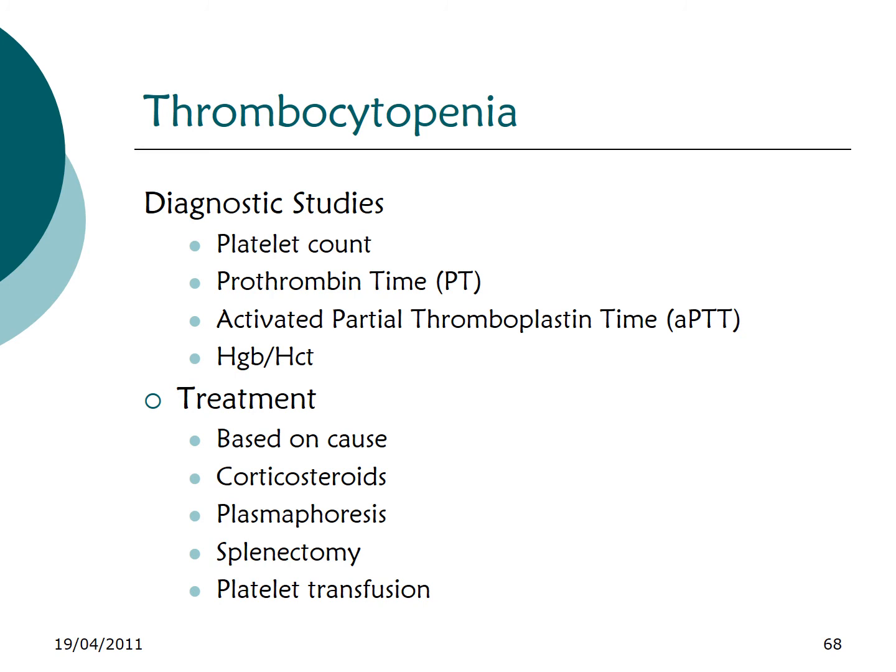So for each pregnancy, there's a percentage chance to get the trait. For example, if dad has the trait and mom does not have the trait, the baby can never have the disease. The baby can have the trait, though.